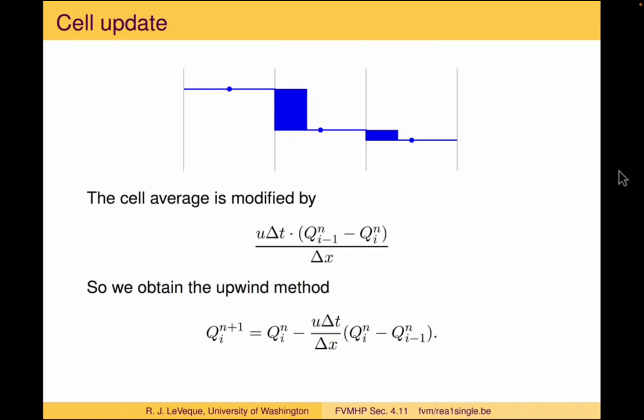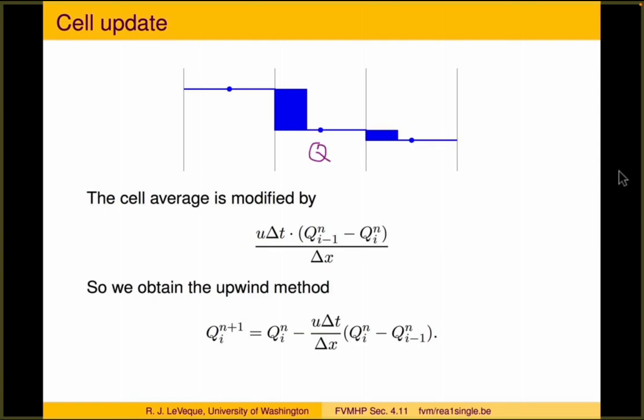So here's another picture just blowing up on a single cell. And now what I'd like to look at is how the cell average Q_i^n is modified as this wave goes in. So this dot right here is the cell average Q_i^n at time n in this cell. And we've now approximated the solution by piecewise constants with that value everywhere in the cell.